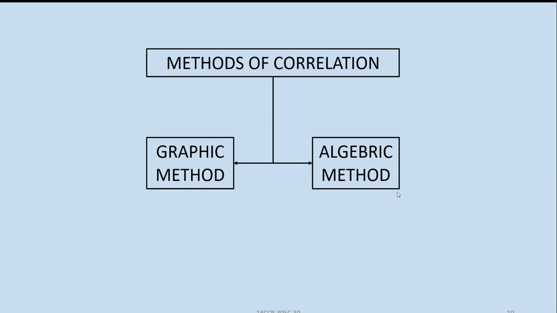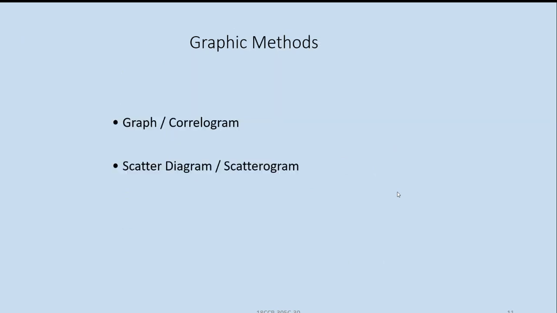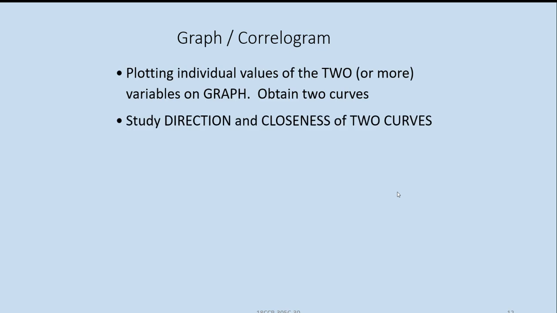Methods of correlation are the graphic method and the algebraic method. And graphic methods are graph or correlogram, that is also called correlogram, and scatter diagram also we will use. Mostly scatter diagram is used for correlation explanation, the correlation concept by using graphs.